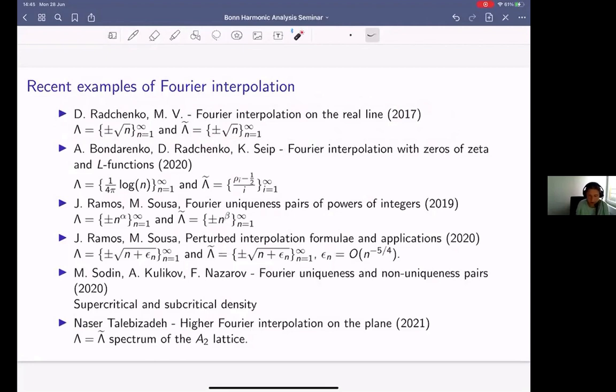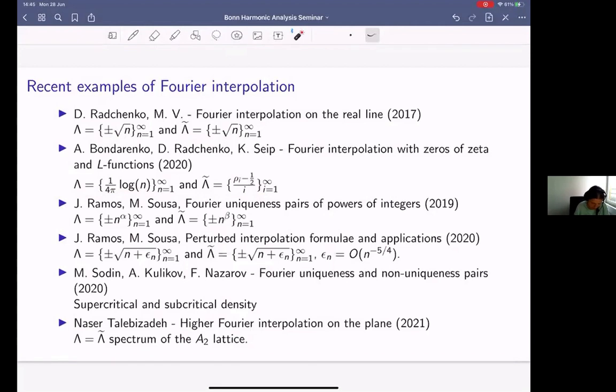The reward for this is that this formula can be obtained very explicitly in a rather nice form, which also allows us to get a lot of extra information about interpolating functions. But of course, the price is that the construction is rigid. And just from the method itself, it's not even clear how we can move nodes, so elements of set lambda or elements of set lambda tilde, even a little bit.